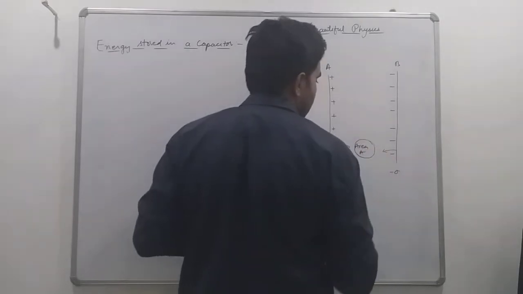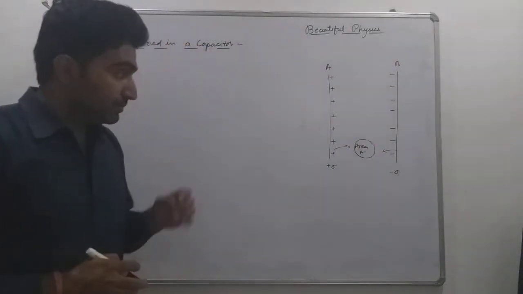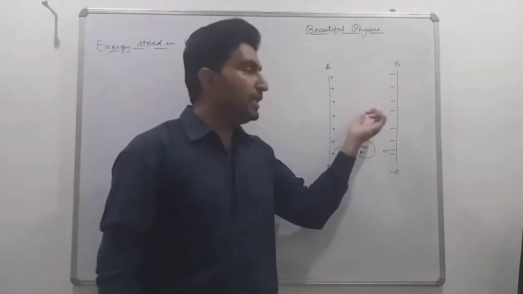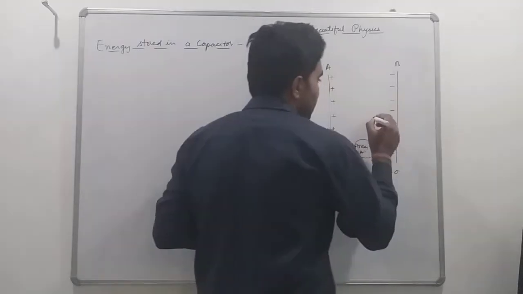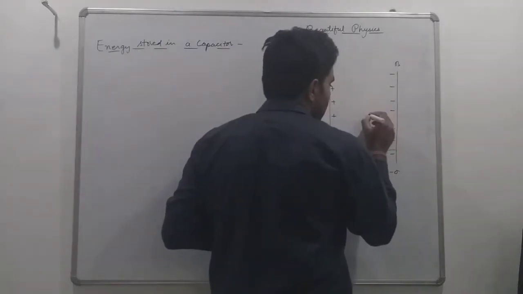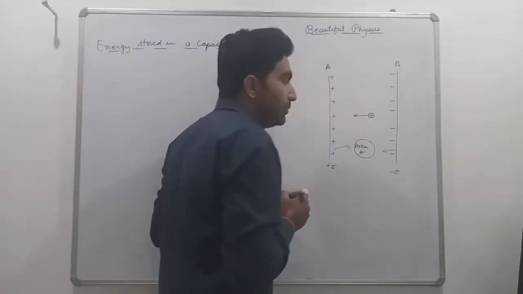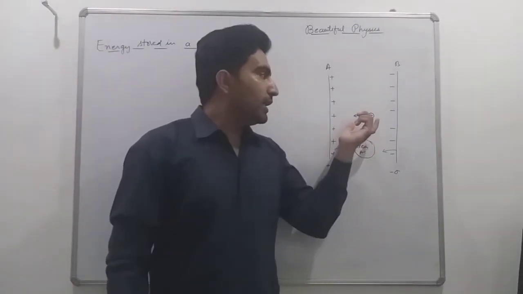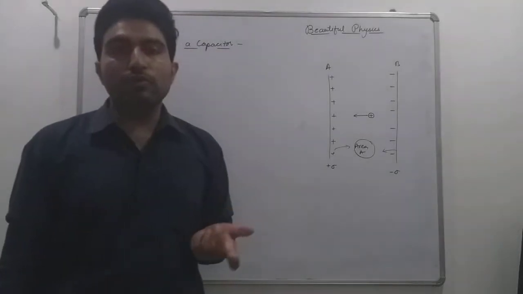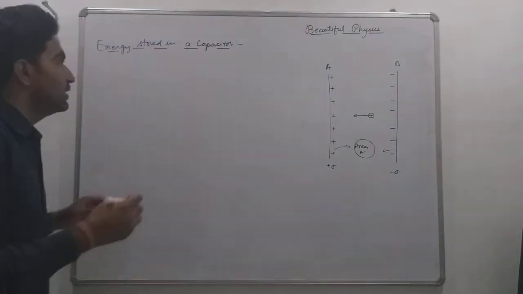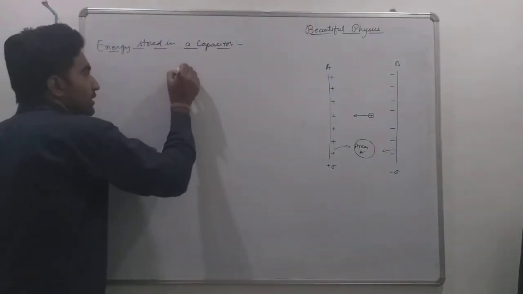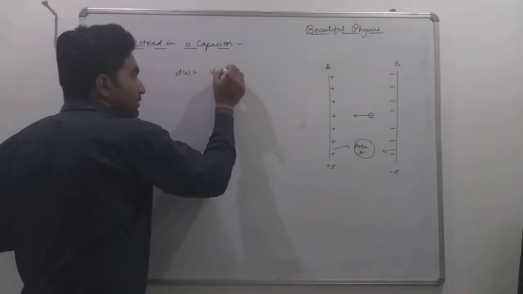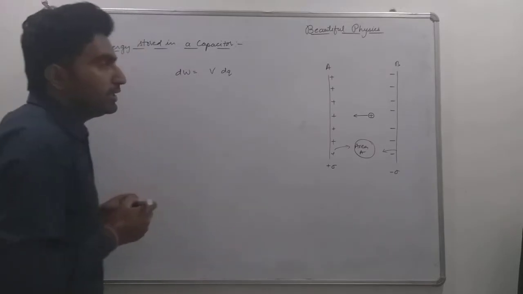So here, if a positive charge is transferred from plate B to plate A, then some work has to be done. That small amount of work done, dW, can be written as potential V times the charge transferred, dQ.